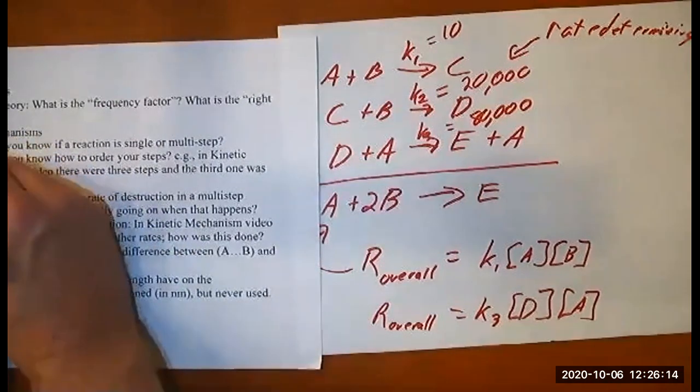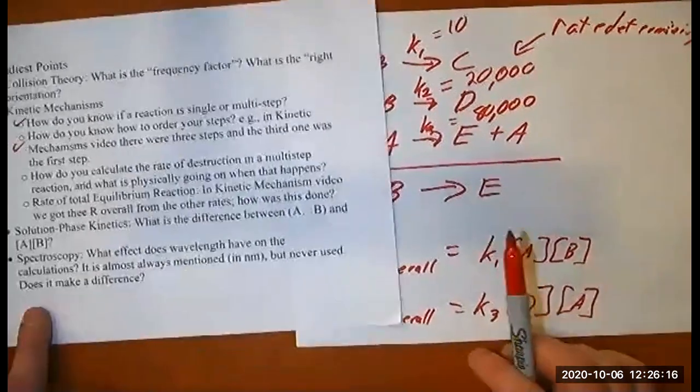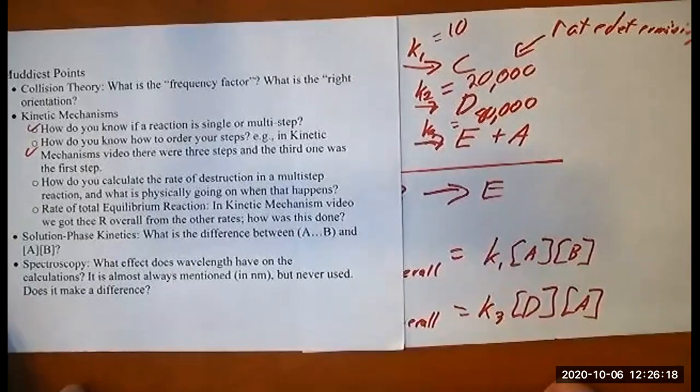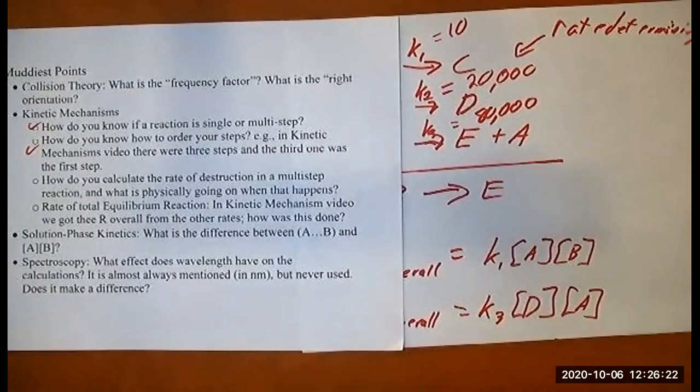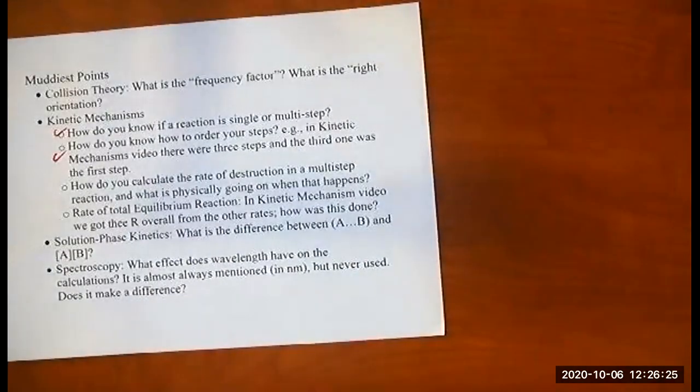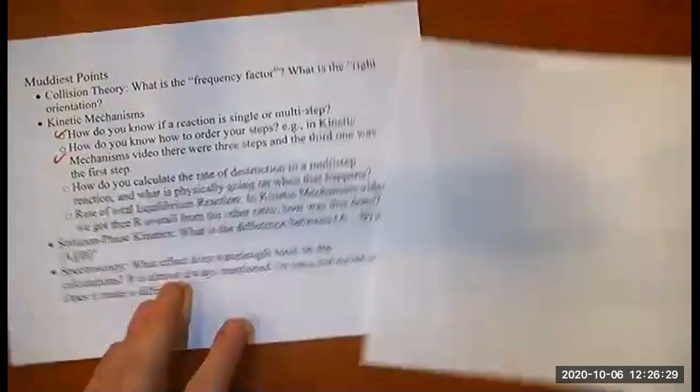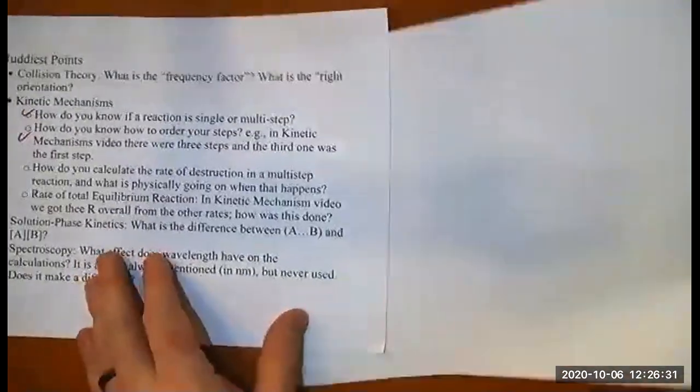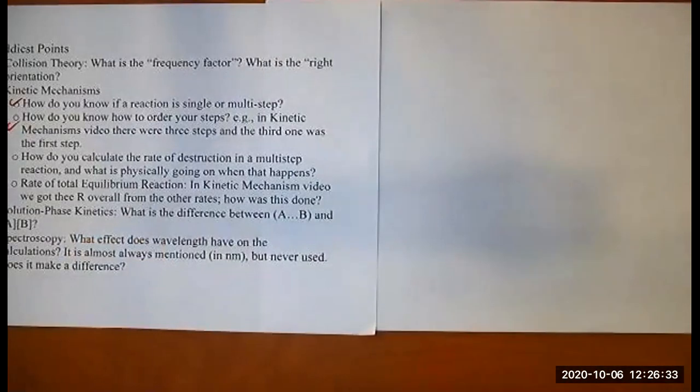So let's see here. How do you calculate the rate of destruction in a multi-step reaction, and what is physically going on when that happens? So I've seen several Piazza questions that seem to get a little bit hung up on rate of X, you know, rate of destruction, rate of consumption, rate of something.